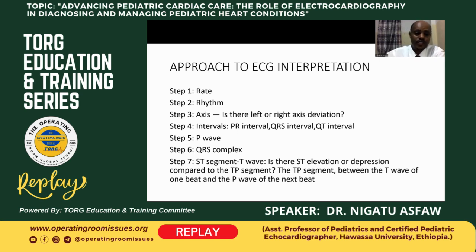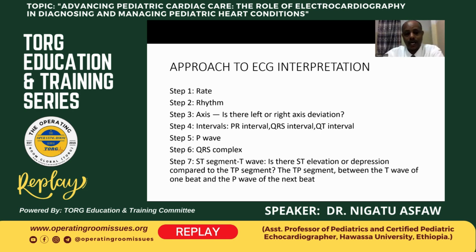And we need to see the waves. So we need to see the P wave. P wave, as I said, shows depolarization of the atrium, so that means left and right atrium. The right atrium will normally be depolarized first, as the node is near the superior vena cava.